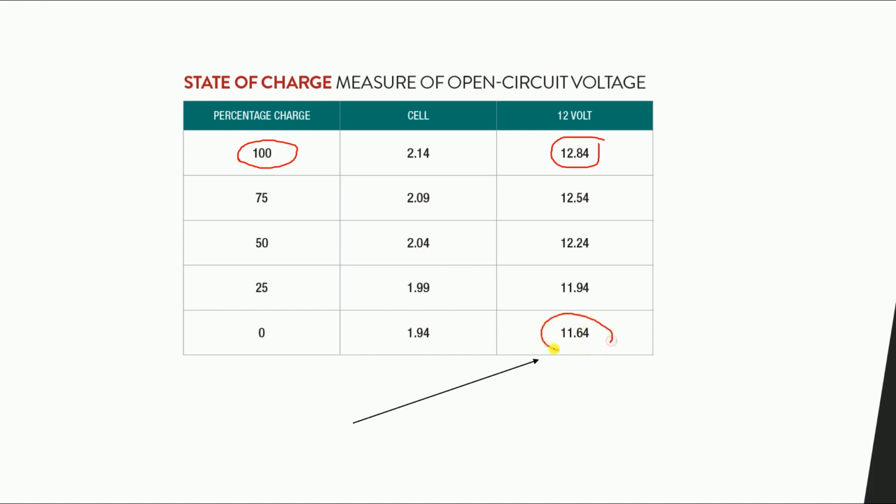Now this value is pretty important to add to the inverter. If our battery reaches this value, the battery should be disconnected from the inverter to prevent any further damage to the battery. This is the critical or final value to prevent damage.